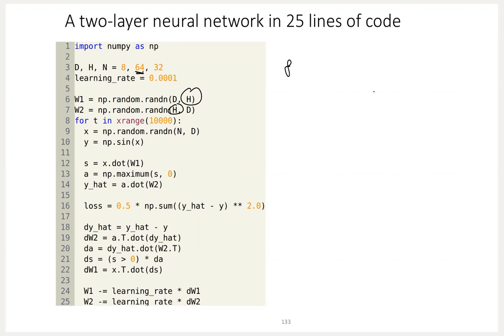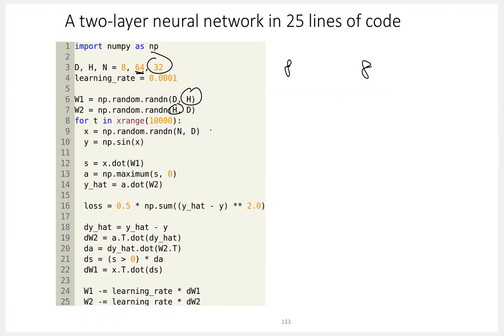Let's see, the output dimension, I think, is... okay, the output dimension is 8 as well, it looks like. And I have 32 data points here. Training data points at 32.